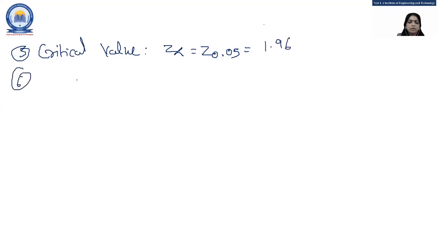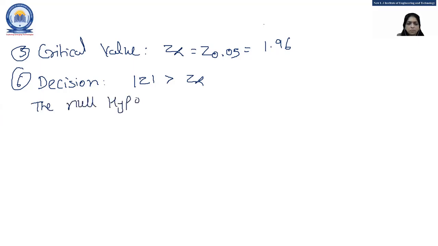In the last step, decision, by comparing the test statistic Z and critical value Z alpha, your Z is 2.02, Z alpha is 1.96. So your mod Z is greater than Z alpha. Therefore, the null hypothesis is rejected. As null hypothesis is rejected, it means average lifespan of an Indian is not 70 years.